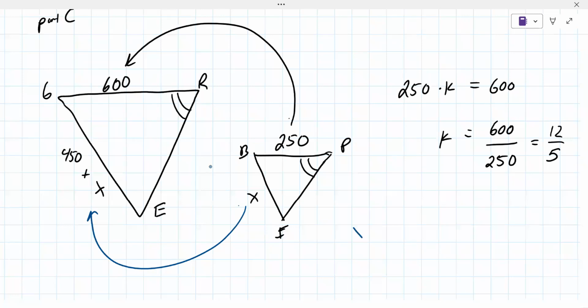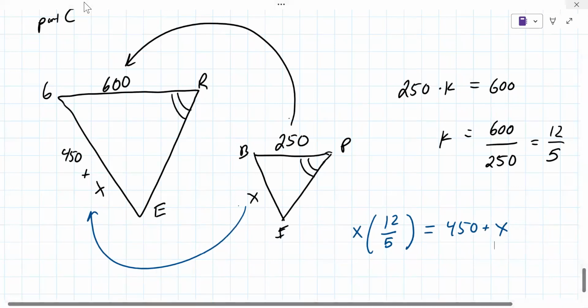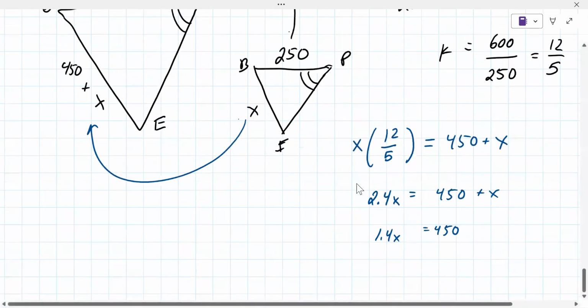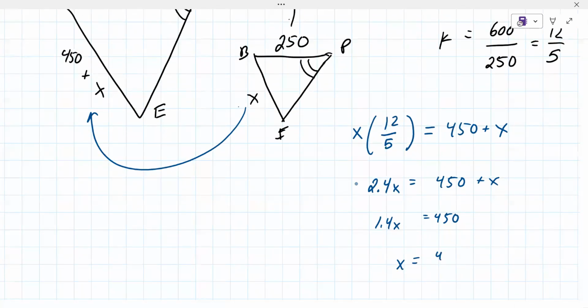So it's X times 12/5 equals 450 plus X. It maybe looks worse than it is. If this is 2.4x equals 450 plus X, subtract X from both sides and then divide by 1.4. So X equals 450 divided by 1.4.